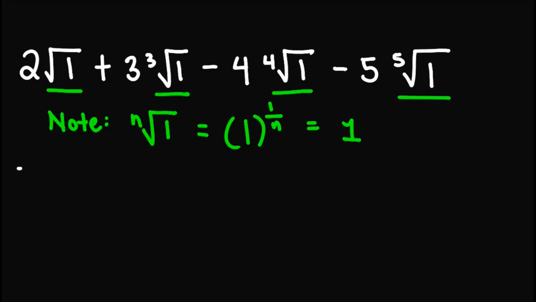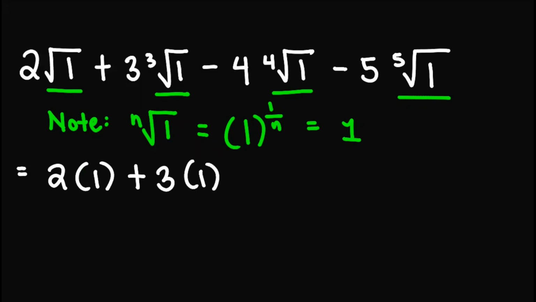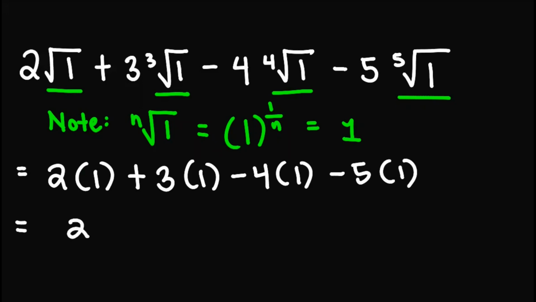So this expression out here can actually be simplified into 2 times 1 plus 3 times 1 minus 4 times 1 minus 5 times 1. Or simply 2 plus 3 minus 4 minus 5, or when simplified, this one is equal to negative 4.